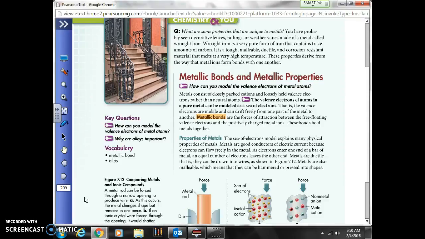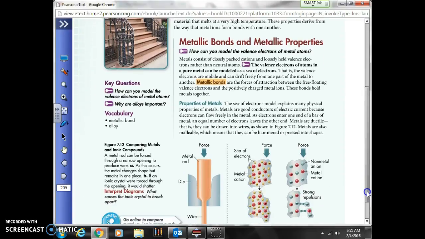In metallic bonds, there are forces of attraction between these free-floating valence electrons and the positively charged metal ions. It's kind of hard to imagine.